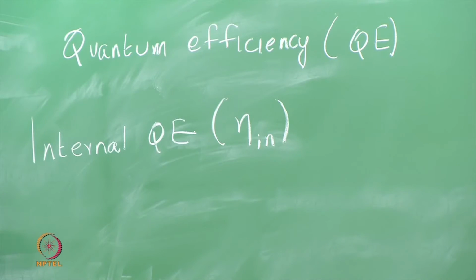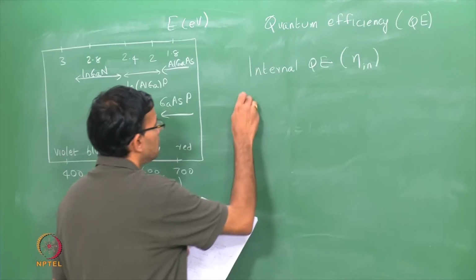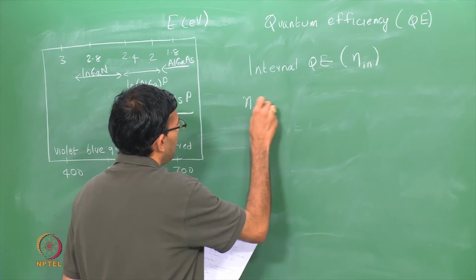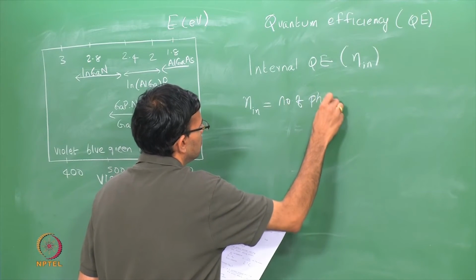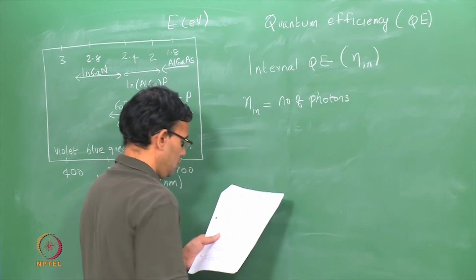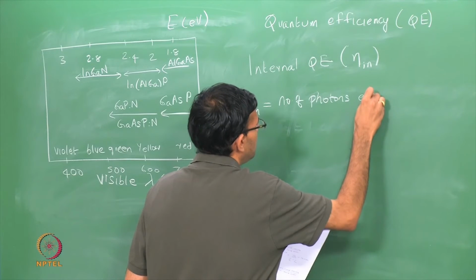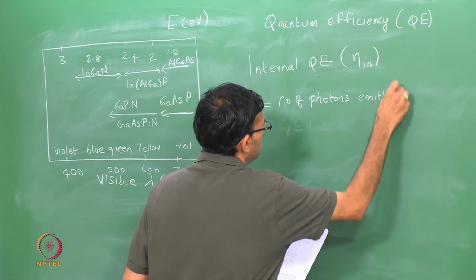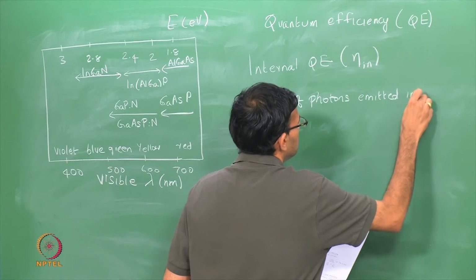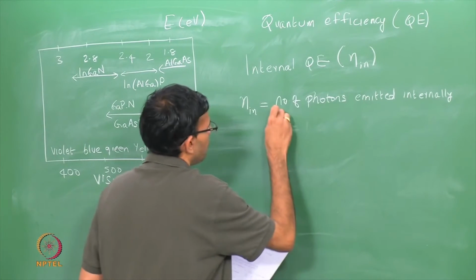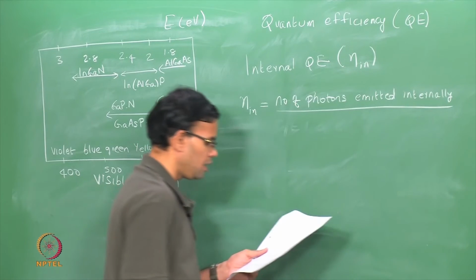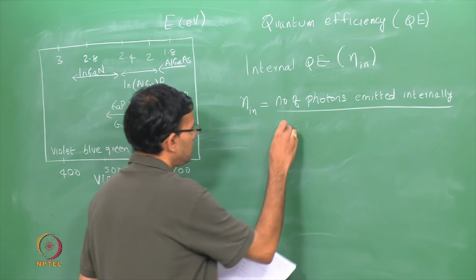So, this is the number of photons which are generated internally divided by the total number of carriers. So, eta IN is the number of photons emitted or generated internally divided by the number of carriers.